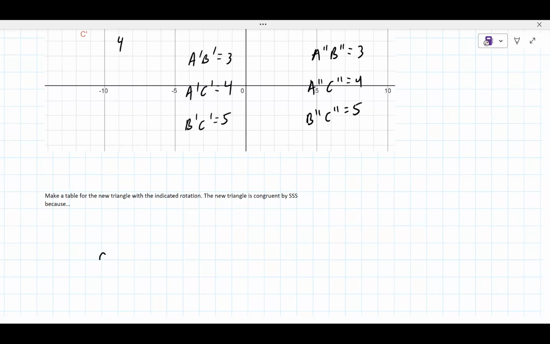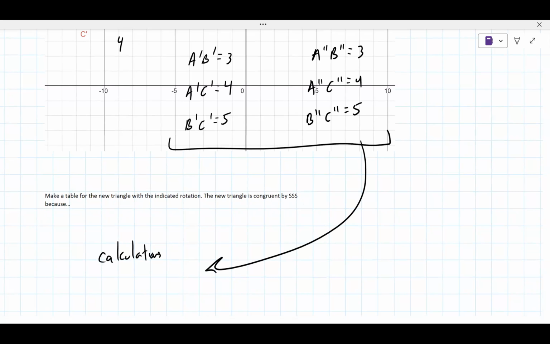Like these calculations come after. Got it. Just show that. Yes.